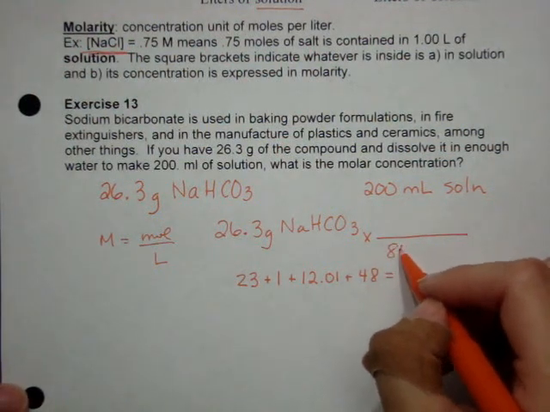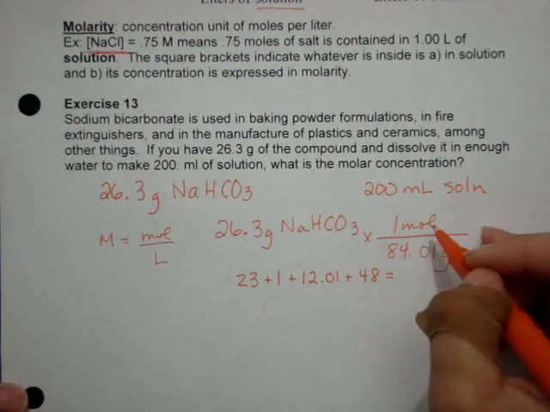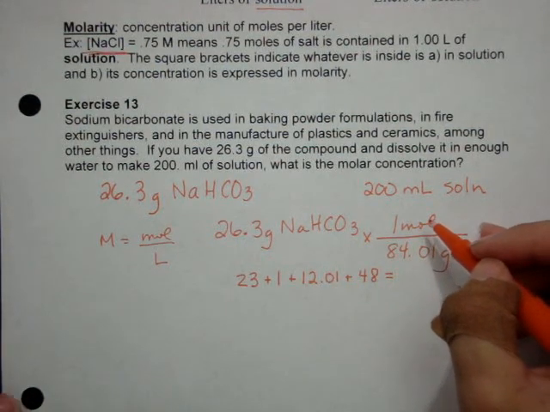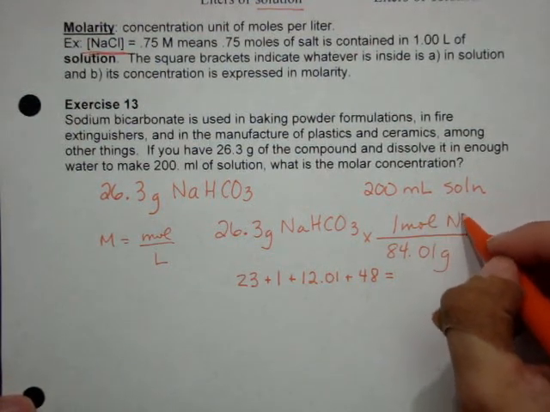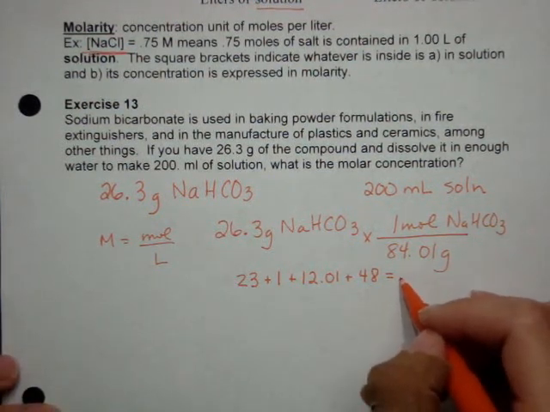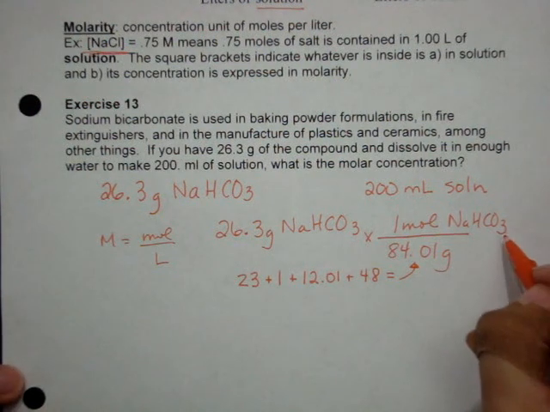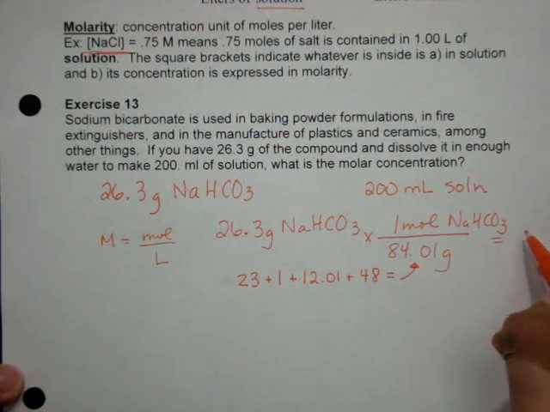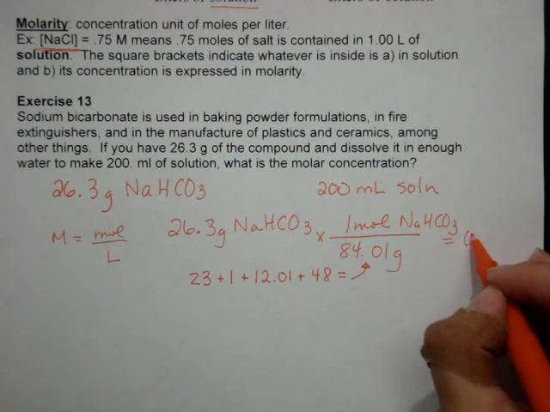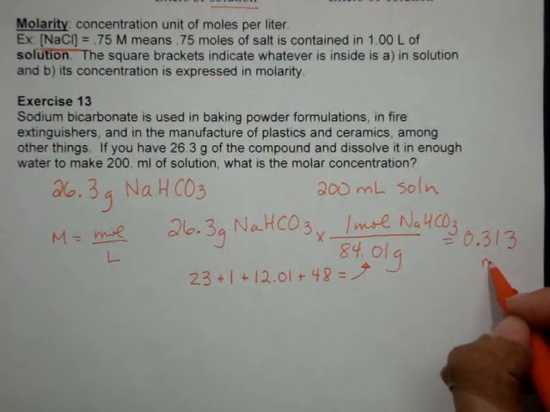So 84.01 grams per mole of NaHCO3. Then I can divide 26.3 by 84.01, and that gives me 0.313 moles.